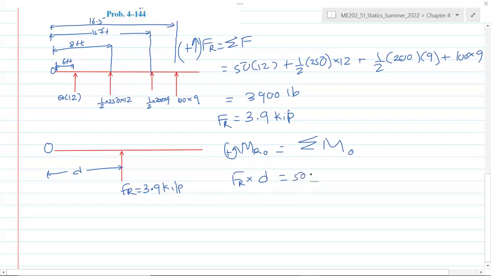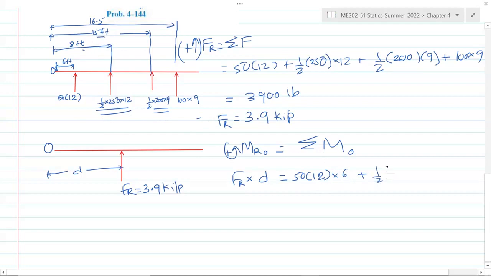So it's 50 times 12, that's only the force, but its distance is 6 foot. So multiply by 6, and all the moments are counterclockwise, so positive. Plus this number is force multiplied by distance. This number, force multiplied by this distance, and this force multiplied by this distance.